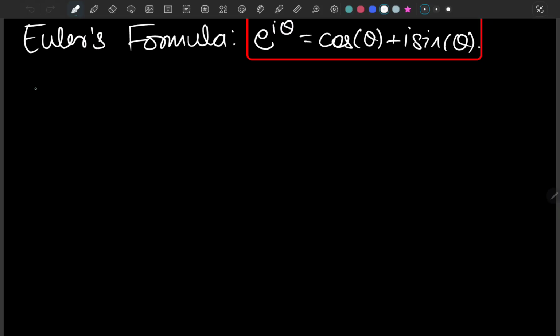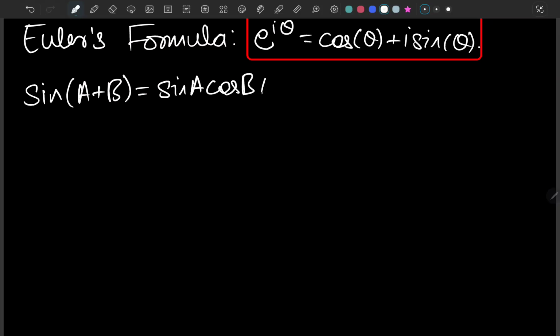So far we know that sine of a plus b equals sine of a cosine of b plus sine of b cosine of a, right?